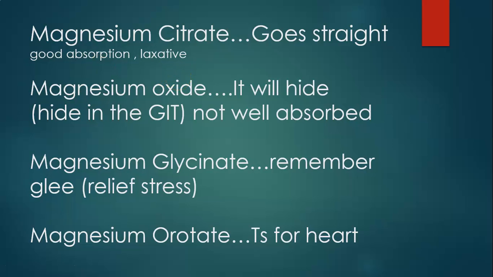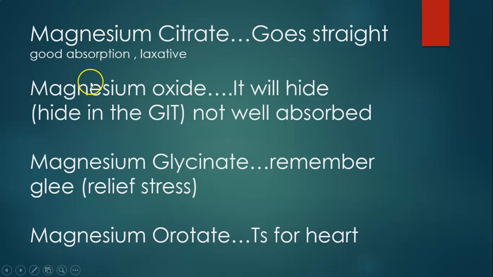It means that it will hide in the GIT, it's low in absorption, so it's staying there, not well absorbed. It is good to recommend it for people who are not compliant well with the tablets, and also people with chronic constipation, as the magnesium oxide is very laxative.